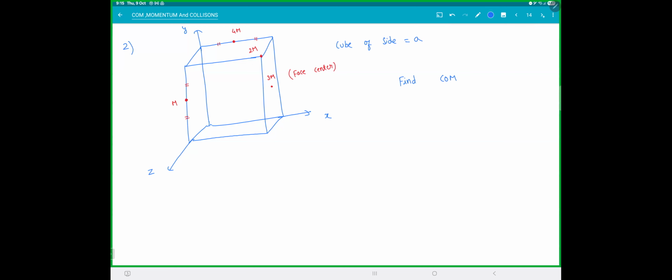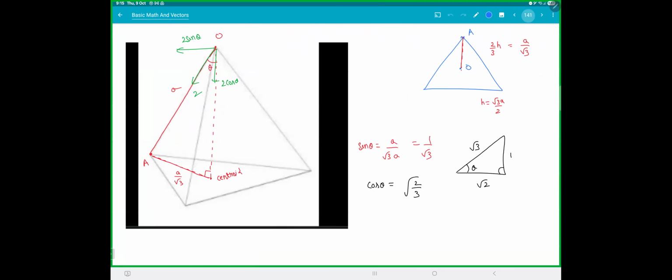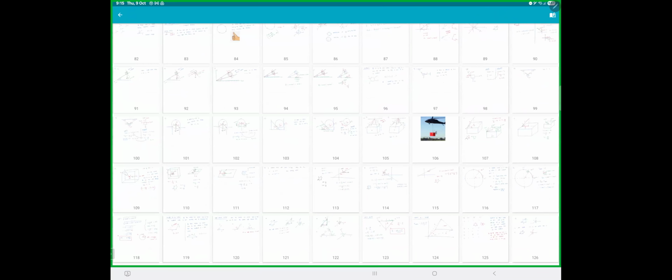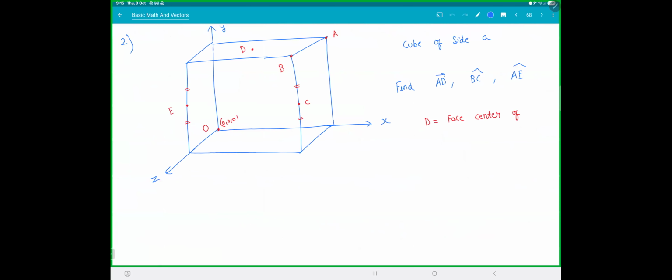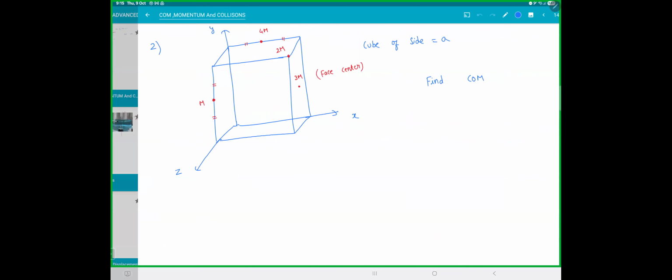I taught you how to find the coordinates of a cube, remember? You know which chapter? Vectors. Find AD bar, AB bar, BC bar. You learned how to find coordinates there.